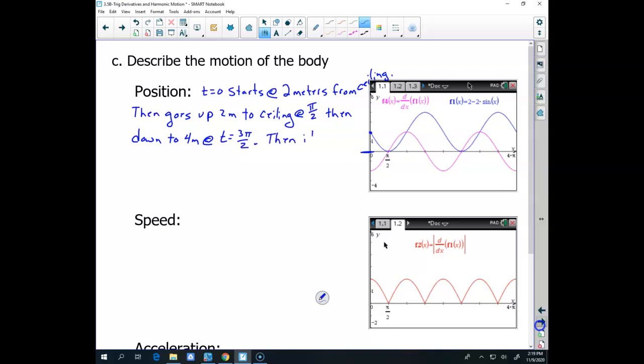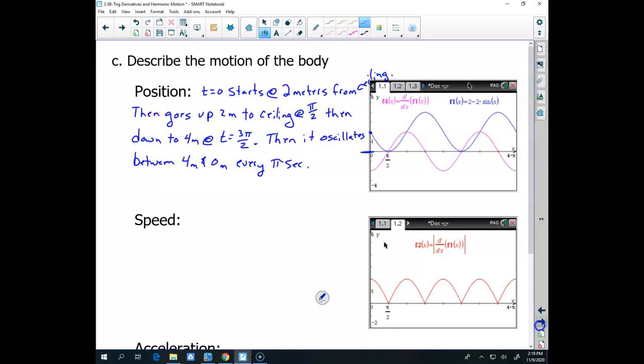Then it oscillates between 4 meters and 0 meters every pi seconds. That's describing the motion.